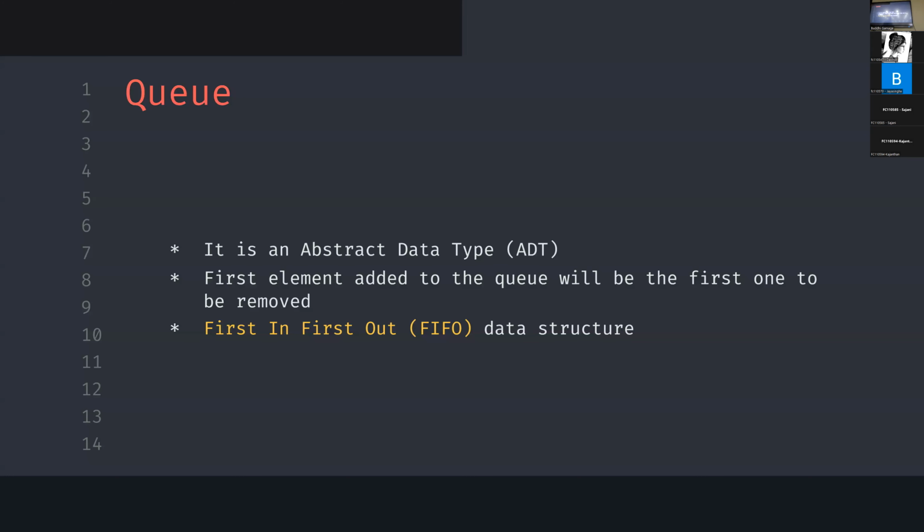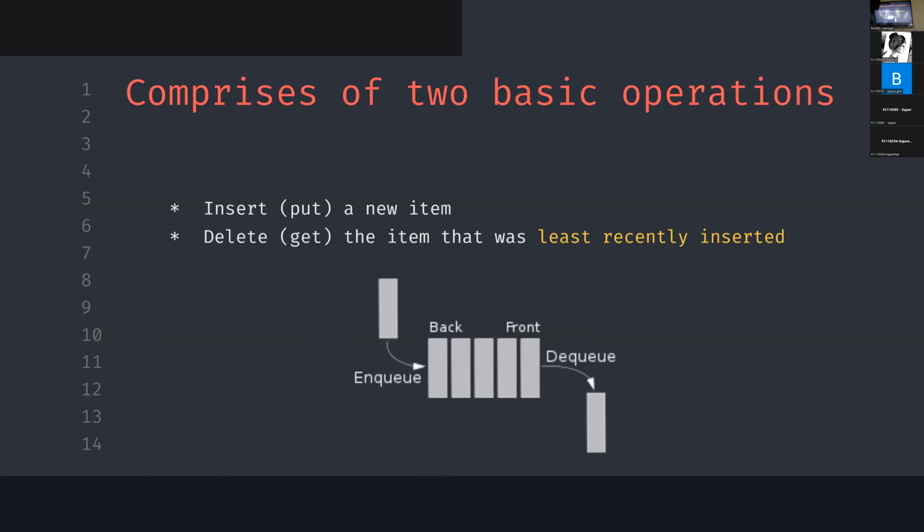So that is the only difference. So it is also an abstract data type. So as I mentioned, the first element added to the queue will be the first one to remove, right? So it is something like this. It's the actual queue.